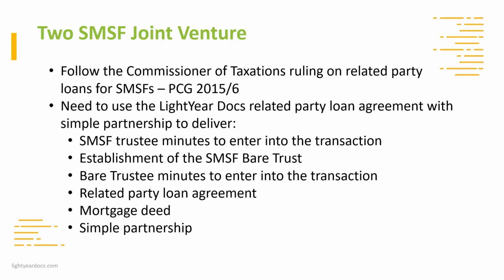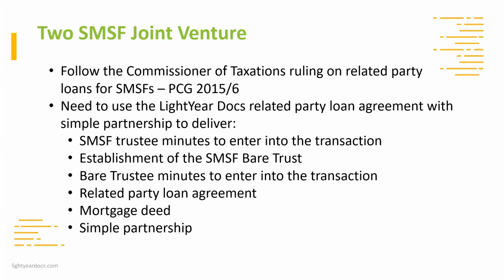And then essentially it accords with PCG 2015/6. So in that instance, we could have two LRBAs, but because we're investing directly in property, our LVR is 70%. As opposed to if we try to do this through a 1322C trust, you can't have a borrowing in the trust itself.